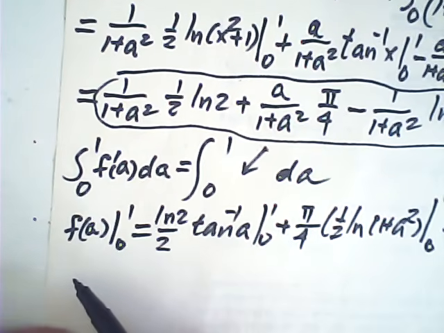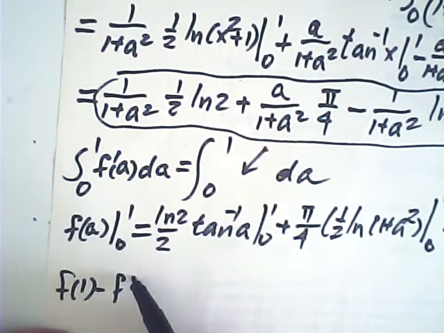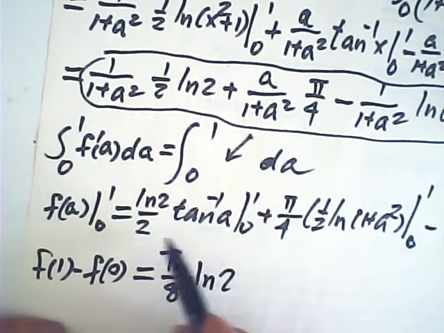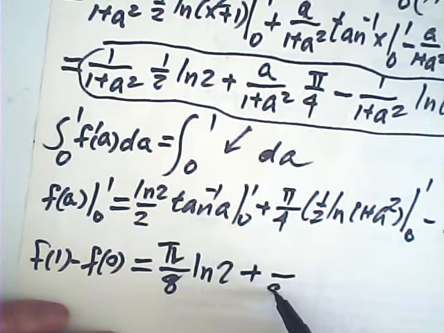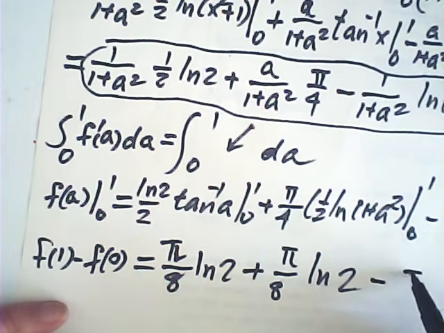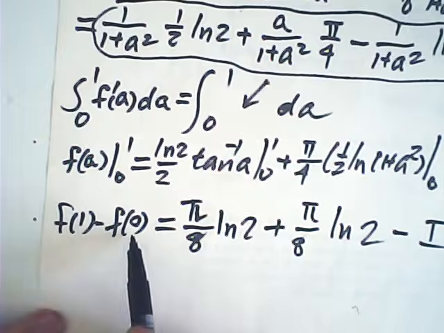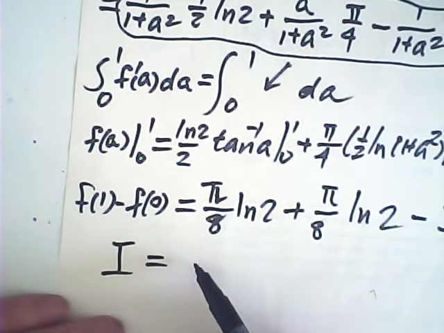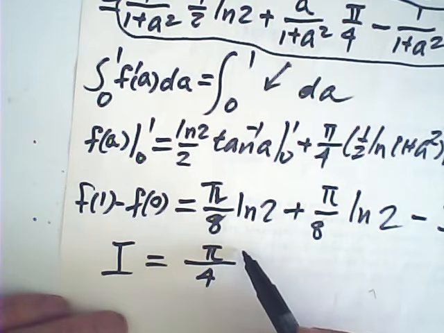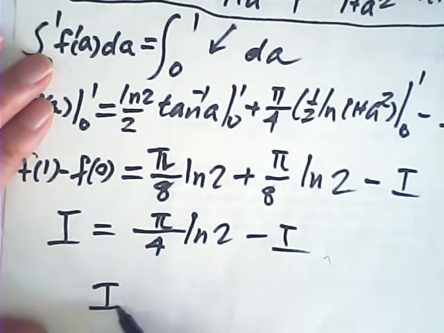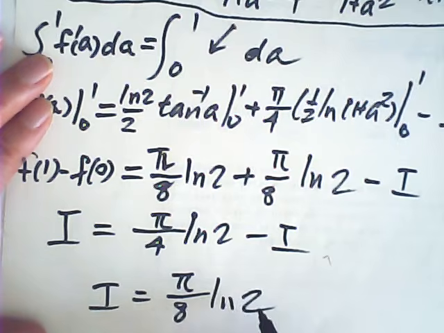Now this side is f of 1 minus f of 0, which is equal to pi over 8 log 2, and minus I. I know that f of 0 is 0 and f of 1 is I. So I is equal to 1/8 pi log 2 minus I. See? Therefore, I is equal to 1/8 pi log 2.